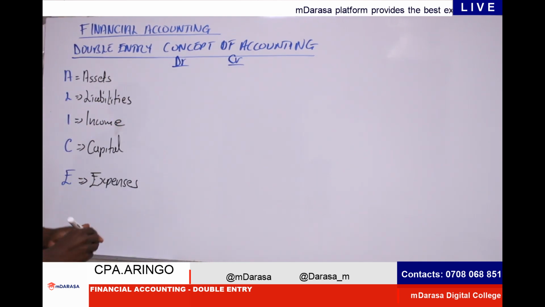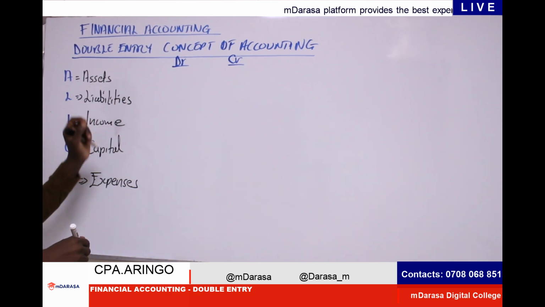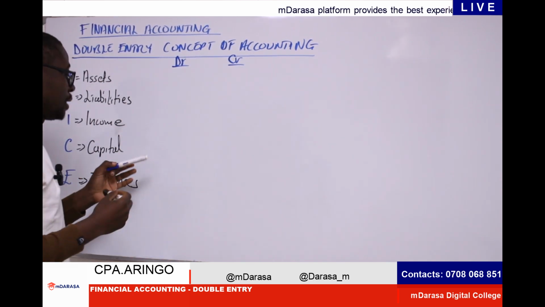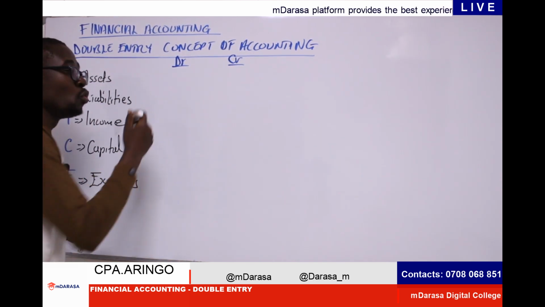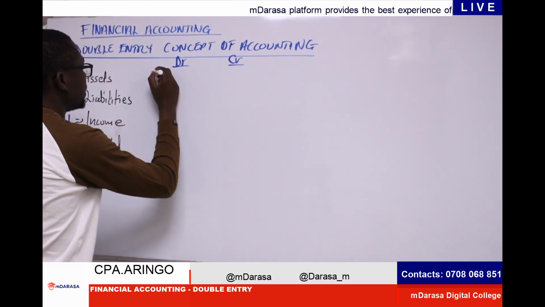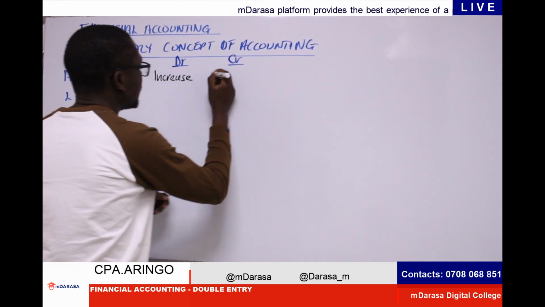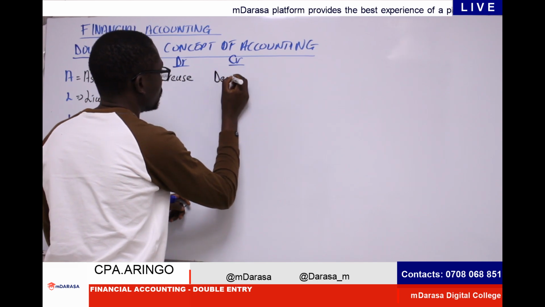Whenever our assets are to increase, we must make sure that it has been recorded on the debit side. So increase in assets, we debit. Decrease in assets, we credit.